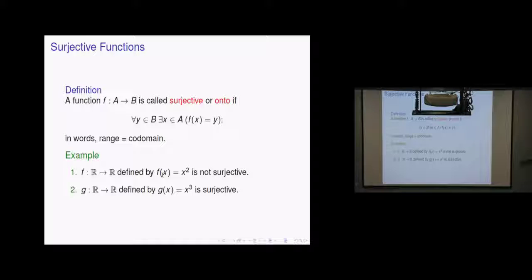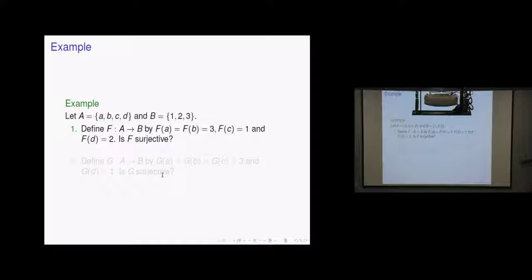Therefore, the function from R to R is not surjective. On the other hand, this cube function, g(x) is x to the power of 3, is surjective. You can try to show it because you can take the cubic root and that gives you the pre-image.